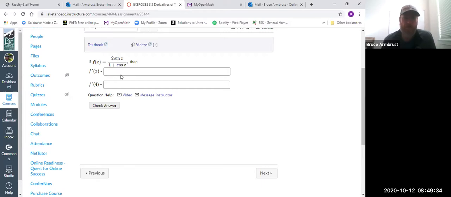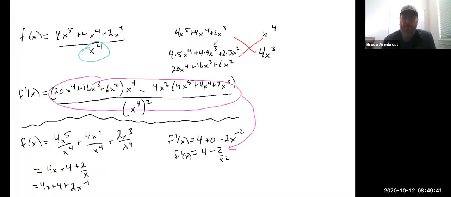So let me go back to the whiteboard here. We'll go ahead and clear this, and let's see what we can do. All right, so we'll start the same way. We've got f of x is 2 sine over 1 plus cosine.